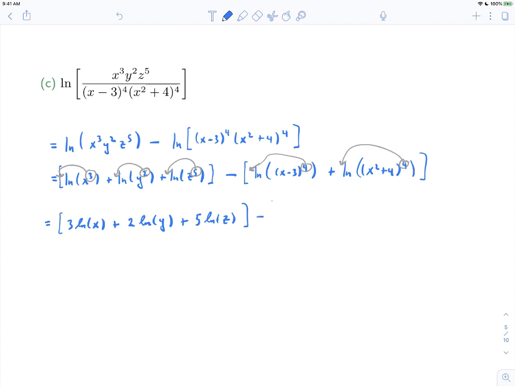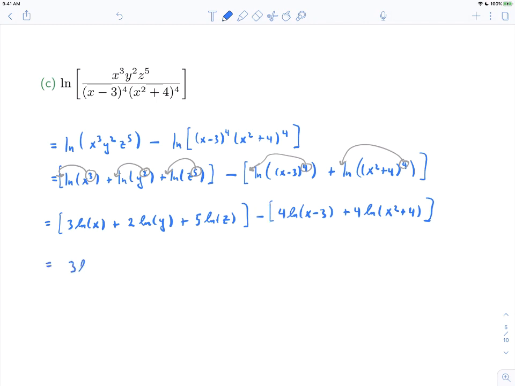And from this we're going to subtract 4 times ln of x minus 3 plus 4 times ln of x squared plus 4. So you'll notice sometimes I write ln in cursive and sometimes in script, and not cursive, that is. Okay, so now we just need to distribute that minus sign.